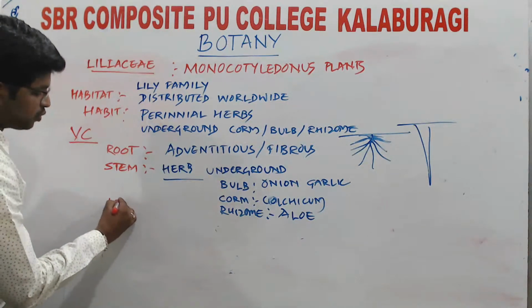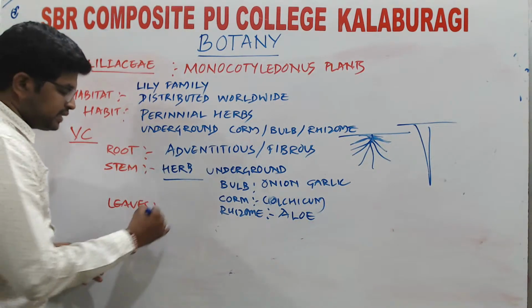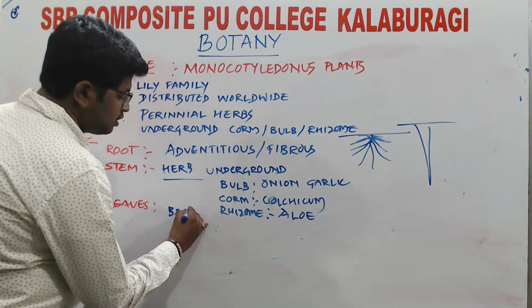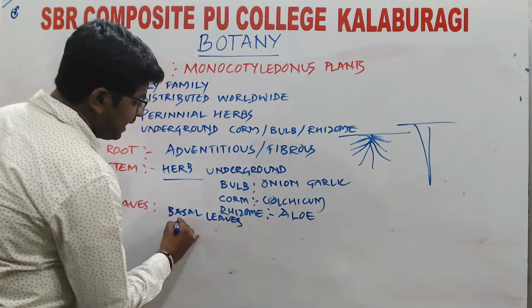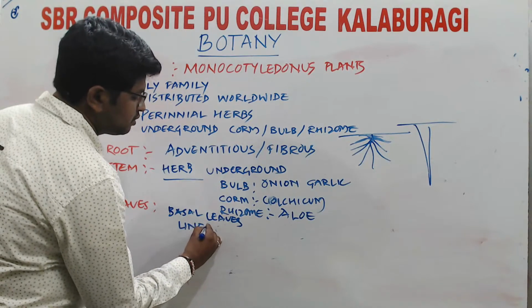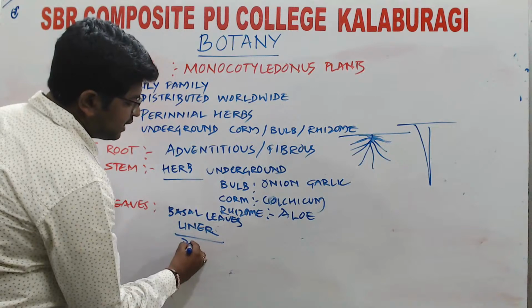What kind of leaves do we observe here? Most of them are basal leaves, and linear with parallel venation.